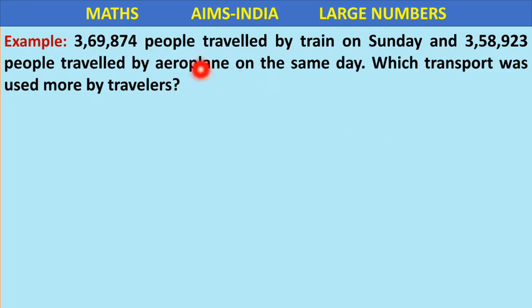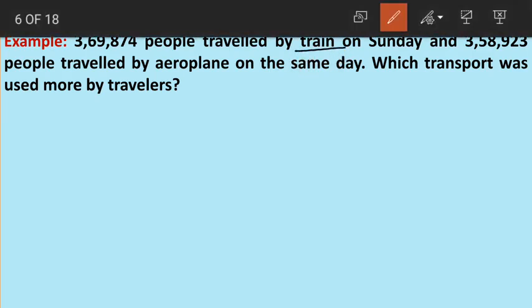Next we have an example to solve here. 3,69,874 people travelled by train on a Sunday, and 3,58,923 travelled by aeroplane.